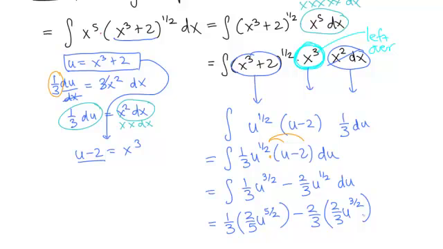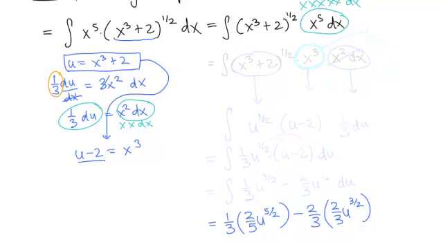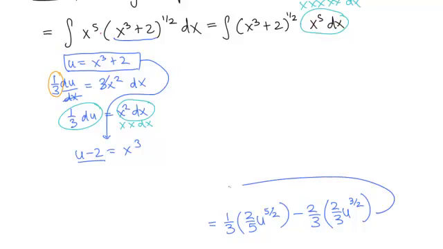And so if we clean this up, let's get some more room so I can put this all on one page. And I'll continue this work right up here. We end up with 2/15 times u to the 5/2 minus 4/9 times u to the 3/2.